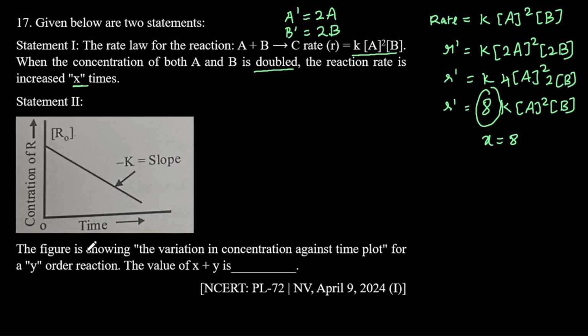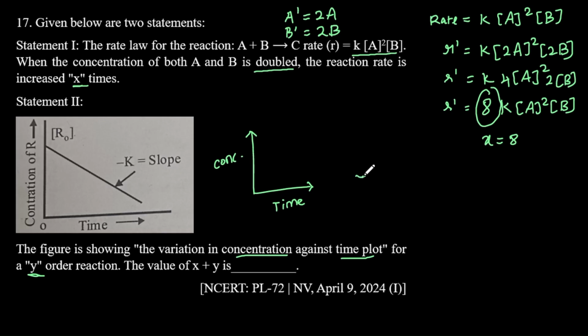Statement 2. The figure is showing the variation of concentration against the time plot for a Y order reaction. So the given graph is a straight line with negative slope, and it is showing the plot for concentration versus time.